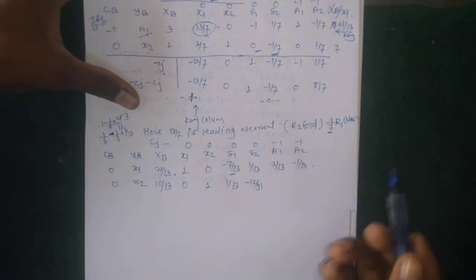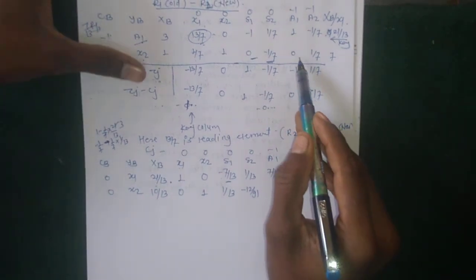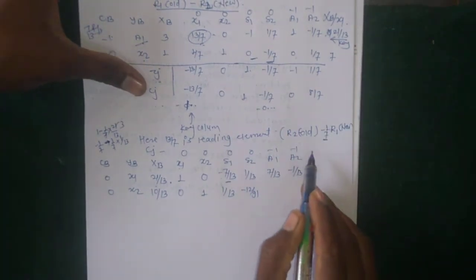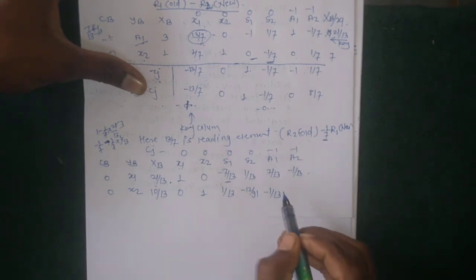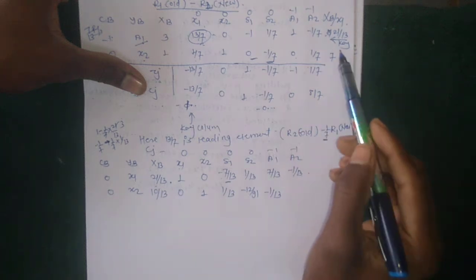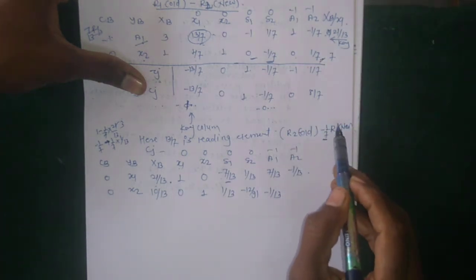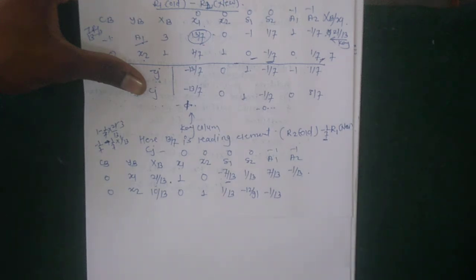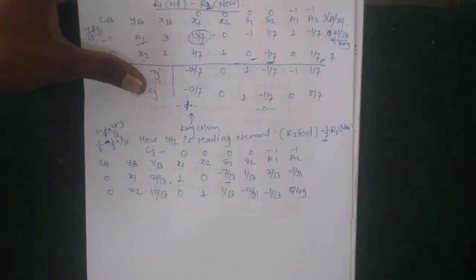Okay, and then for the A1 column, 0 minus 1 upon 13, minus 1 upon 13 here, and lastly 1 upon 7 minus plus 1 upon 49. So 7 plus 1 is 8 by 49 in this way.